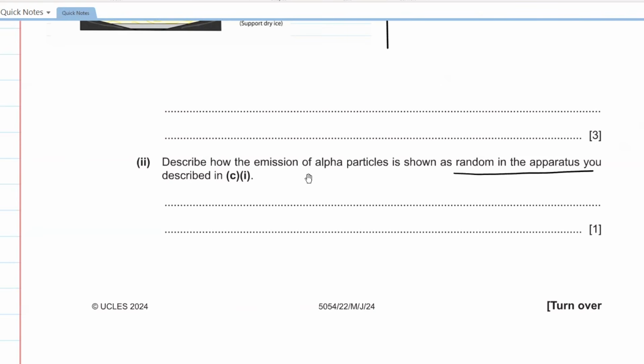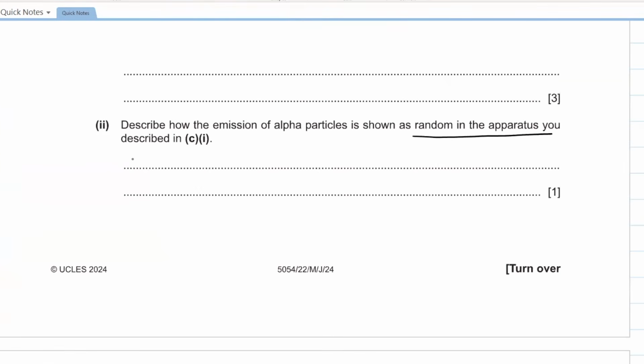Describe how the emission of an alpha particle is shown as random in this apparatus you have described in C part 1. भाई, emission of alpha particles random किस तरह शो की गई है? In a cloud chamber, the emission is random. Why? यहाँ पे मैं दोनों के लिए लिख देता हूँ. In a cloud chamber, you can see the emission is random.